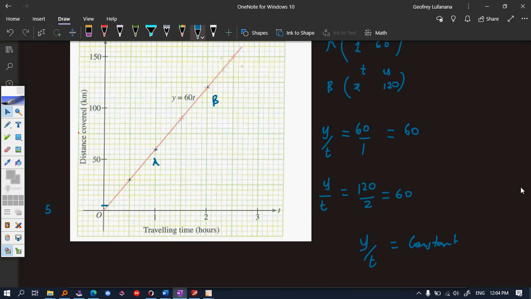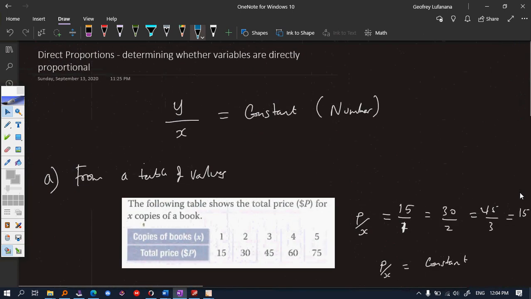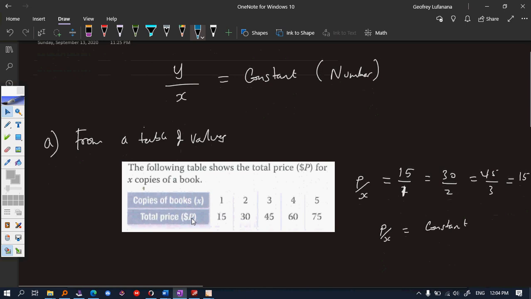So once again, our aim was to determine whether variables are directly proportional. We can do that from a table of values by dividing corresponding values to prove that they satisfy the condition that one variable divided by the other should be a constant.